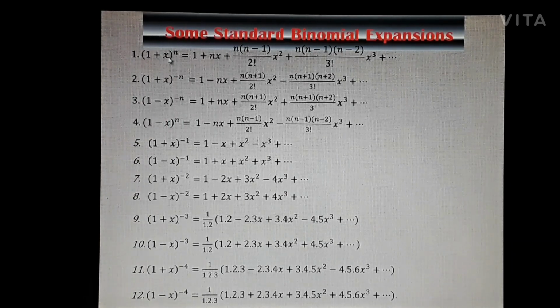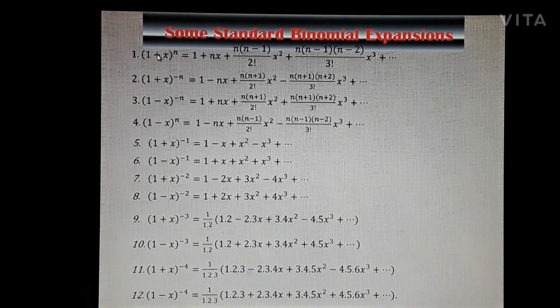If the index is plus n, the numerator goes like n into n - 1 into n - 2 etc. If the index is minus n, the numerator goes on like n into n + 1 into n + 2 etc. Sometimes some expansions have all terms positive, or alternating positive and negative terms. So how to differentiate these two?